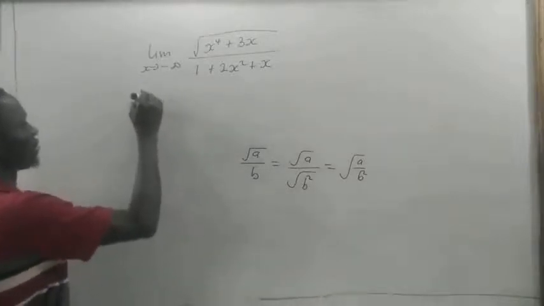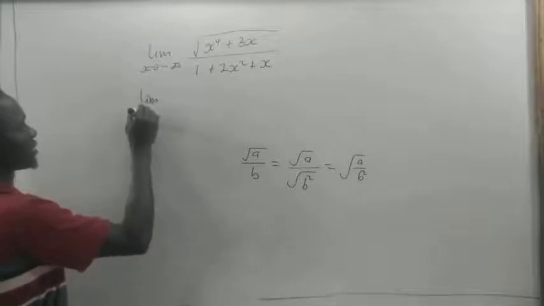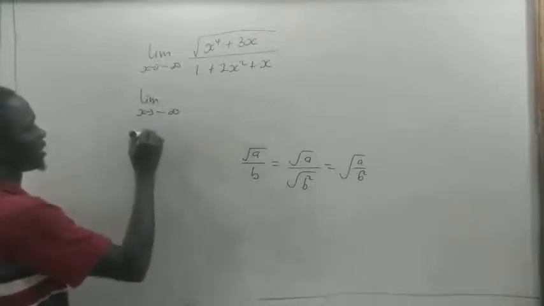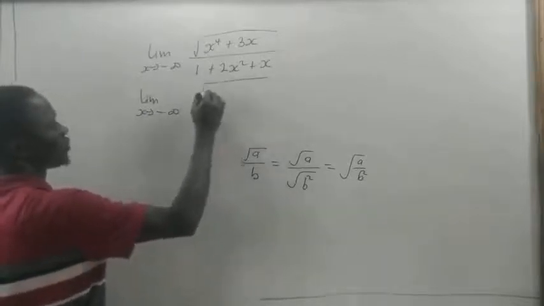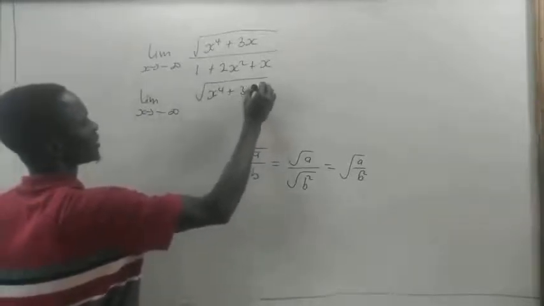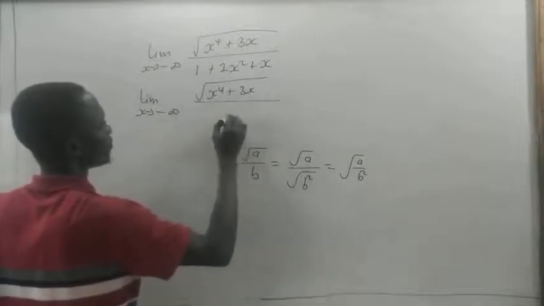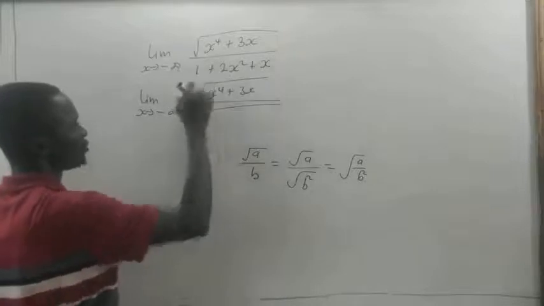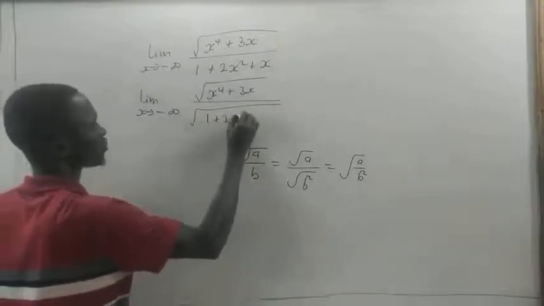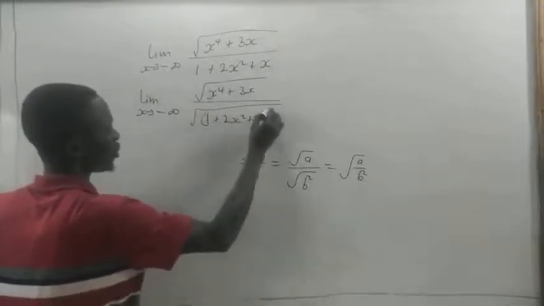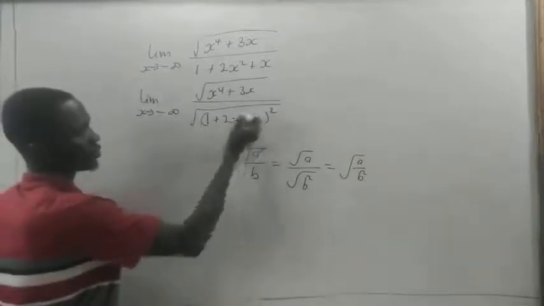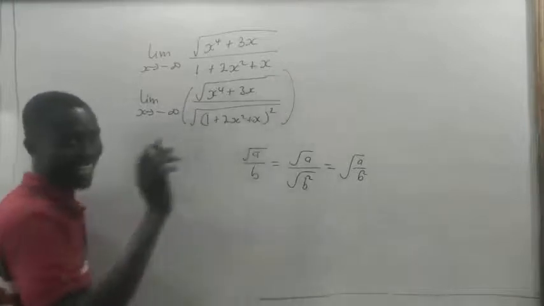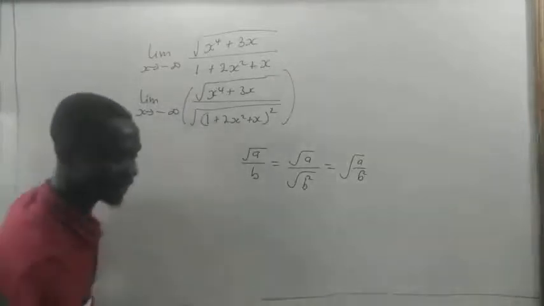So this will give us the limit as x approaches negative infinity, square root of x to the power 4 plus 3x all divided by square root of the denominator, which is our b, so we take 1 plus 2x squared plus x all squared. And here, if the square cancels the square root, we come back to this. Wow. A very nice approach, right? Okay.